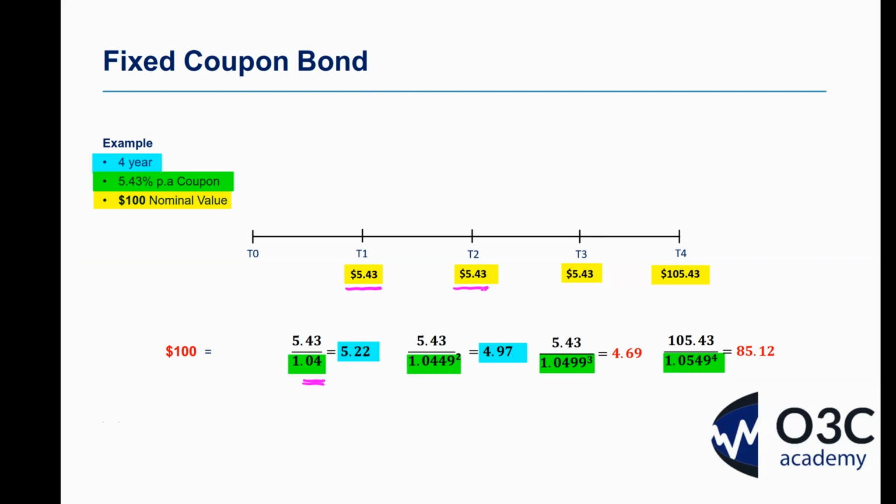Fairly straightforward stuff. Okay, now we've got these present values, and to work out the bond's price, it's simply a matter of adding those all up together. So the bond's price is simply a sum of those present values. Now, in this situation, because we've used these numbers, the bond's price is exactly the same as its nominal value.